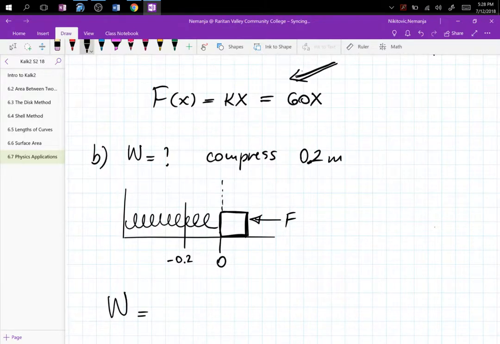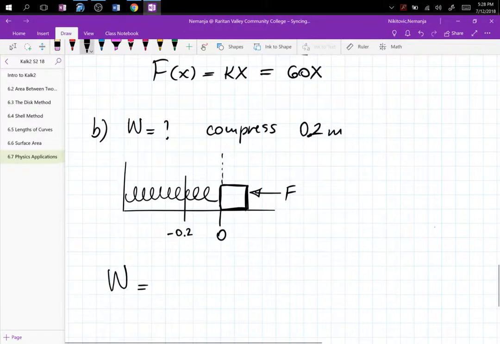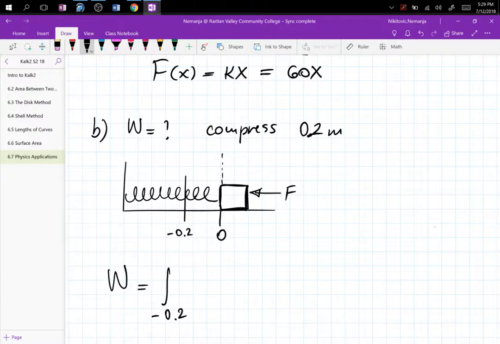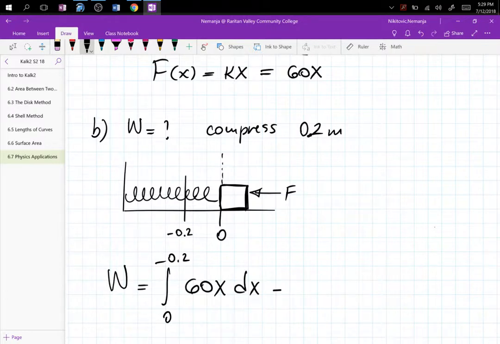to do this. So what do I have? Well, I have the integral from 0 to negative 0.2. We'll talk about that. And then we have our force, which is 60x dx.